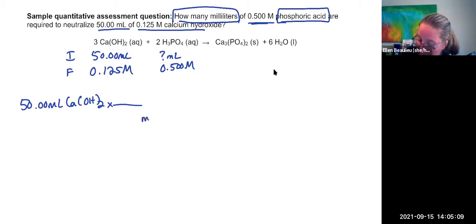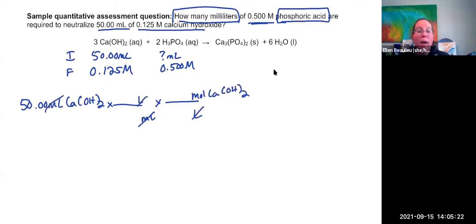I'm going to get out of milliliters and into liters so that I can use that molarity to get into moles. Right now, I have dug into the mole tunnel. I've related that amount of the reactant to moles of the reactant in that amount of solution.